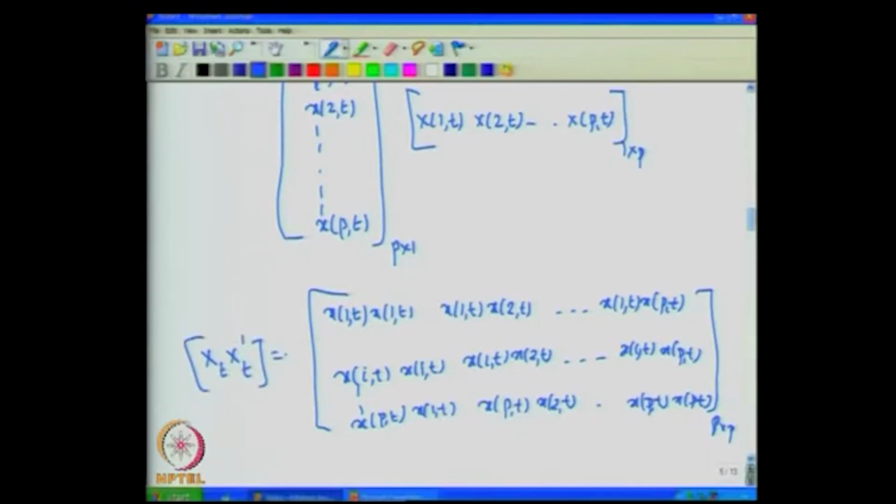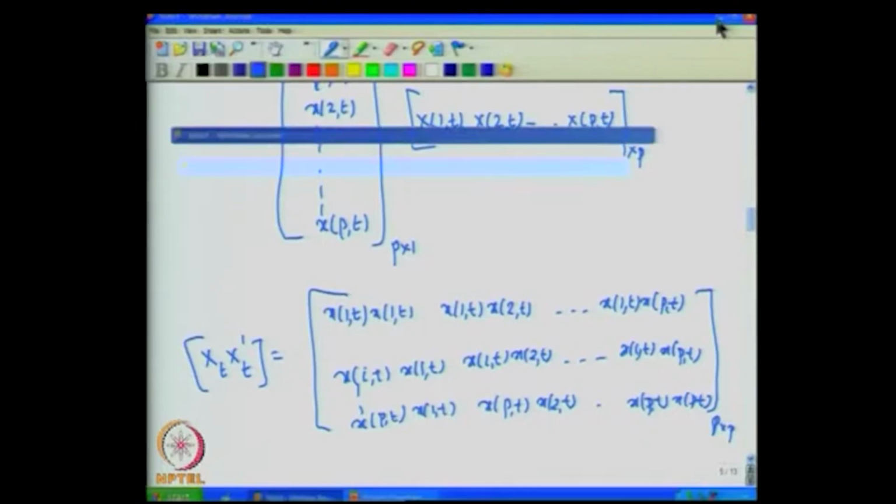Okay, so this is what we got now. We have to take the expected value of this. So, we are talking about the expected value of x t x t dash, and as I said, the expected value of a matrix is a matrix of expected values. So, I will take the expected value of this term, this term, etcetera, and then form the matrix of expected values, which is the expected value of this matrix. That is what we will do now.